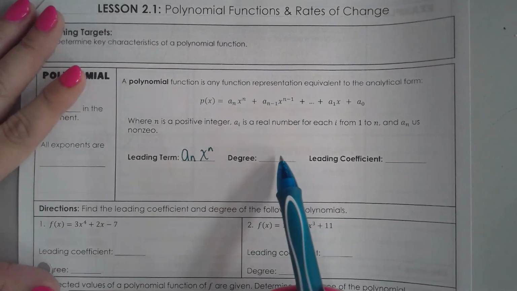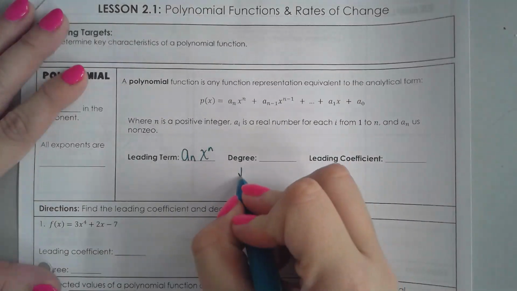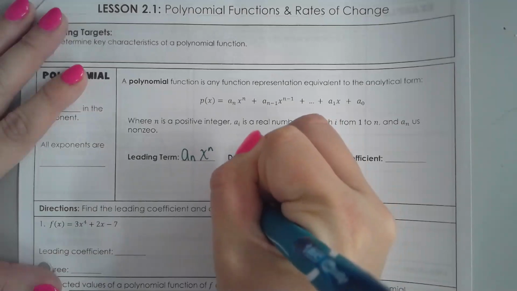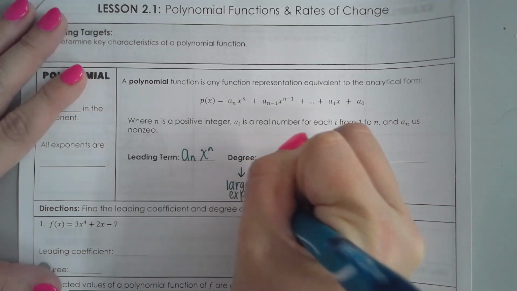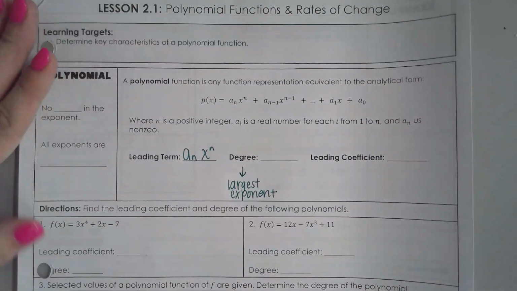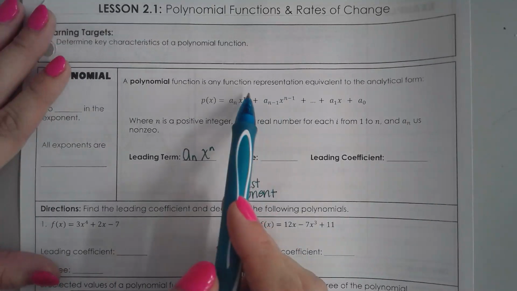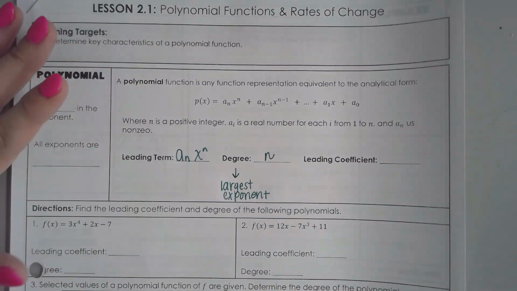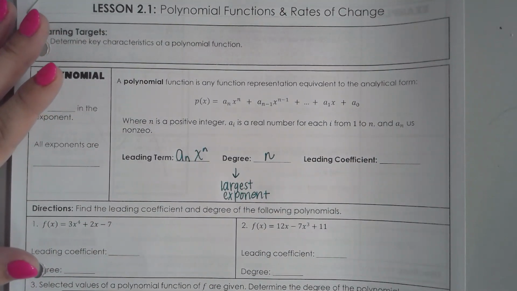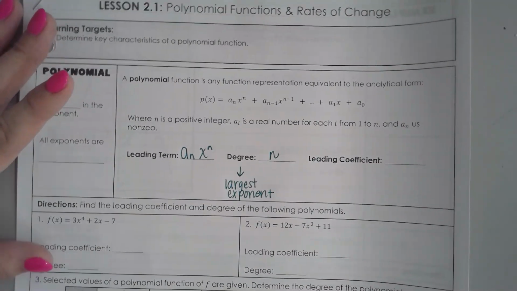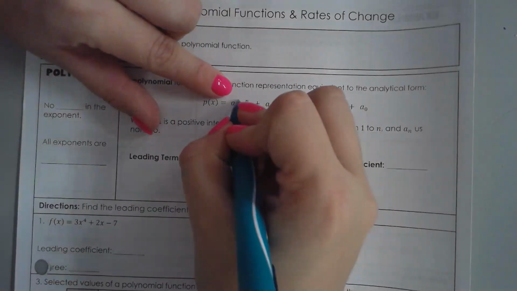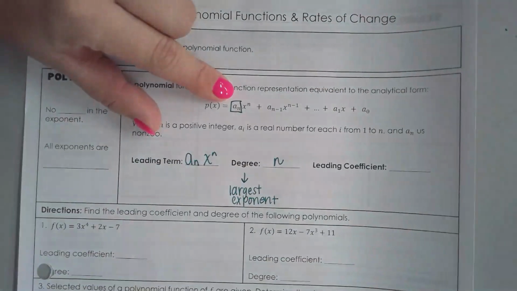The degree is the largest exponent. And so in this case, it's just going to be n. The leading coefficient, so the coefficient is the number in front of the x.